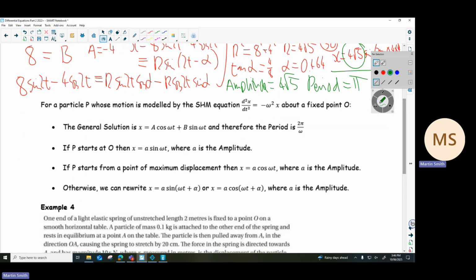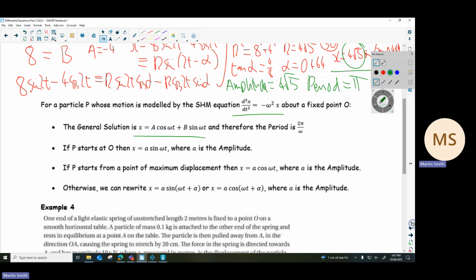You deduce this by solving differential equations. For a particle P whose motion is modeled by simple harmonic motion, by solving a differential equation, the general solution is A cos omega t plus B sine omega t. The period is 2 pi over omega, because the sine and cos graphs have been stretched by 1 over omega in the x direction.